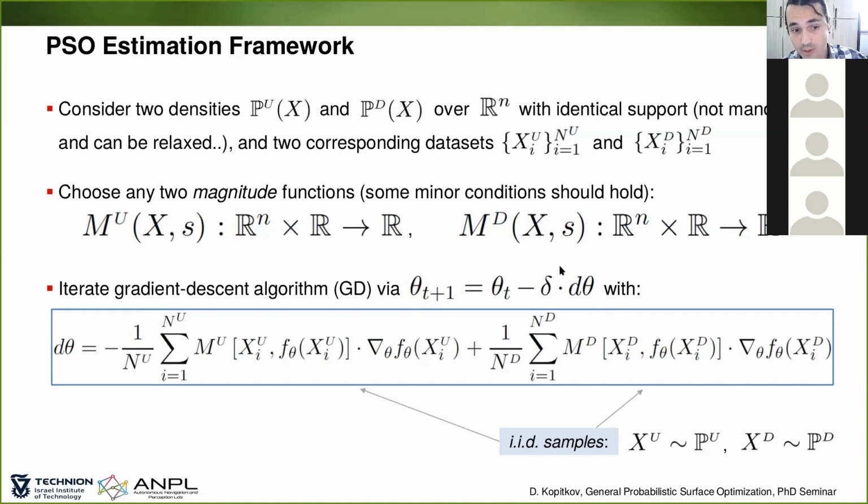So here we have the learning rate, and d theta has this shape right here. We can observe two averages here over samples xui and xdi, i.i.d. samples from our distributions. We see here the magnitude functions mu, md, and model gradients, and note there are different signs here, minus here and plus here.